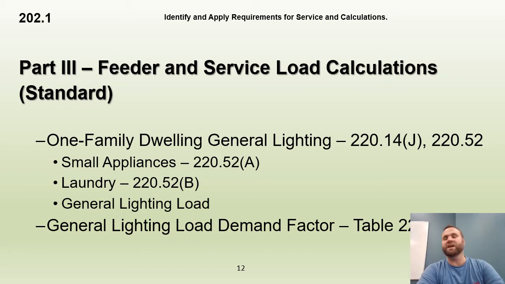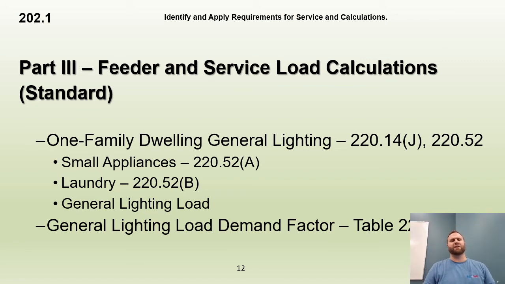So a bare minimum of 4500 voltamps, 15 plus 15 plus 15 equals 45. 4500 voltamps on top of whatever the square footage times 3 is. That is where we get our general lighting load before we apply any kind of demand factor.